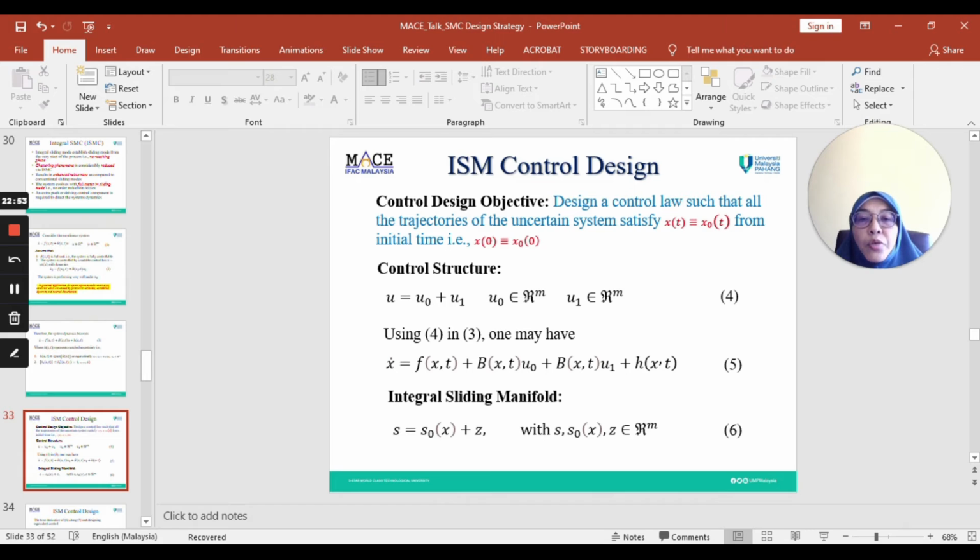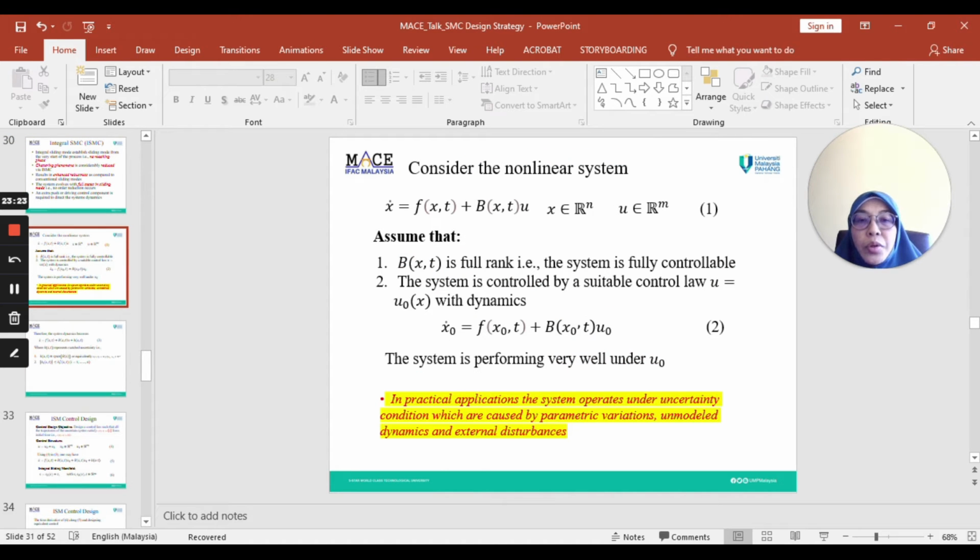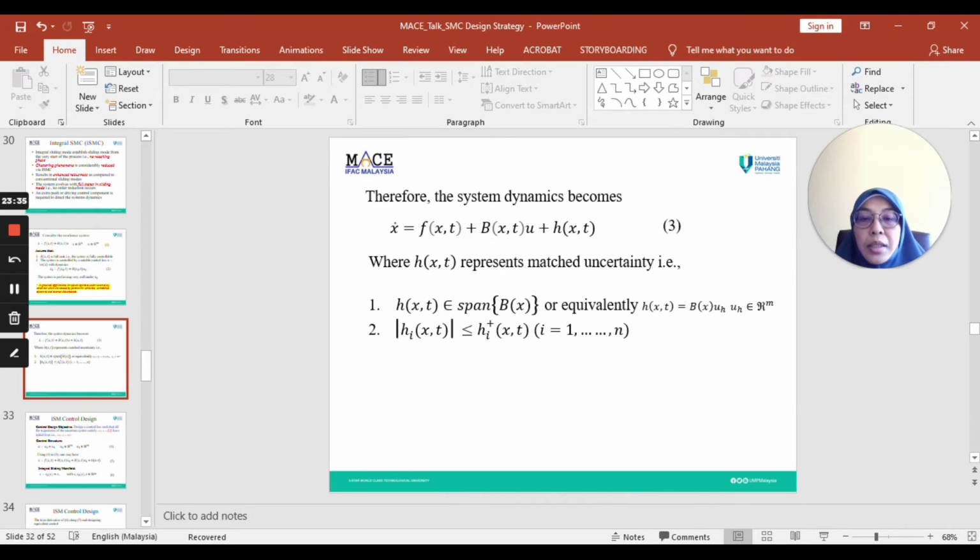Then we define our control law as U naught plus U1, where U naught is what operates when the system is without any perturbation, so the system is controlled by this U naught as mentioned here.